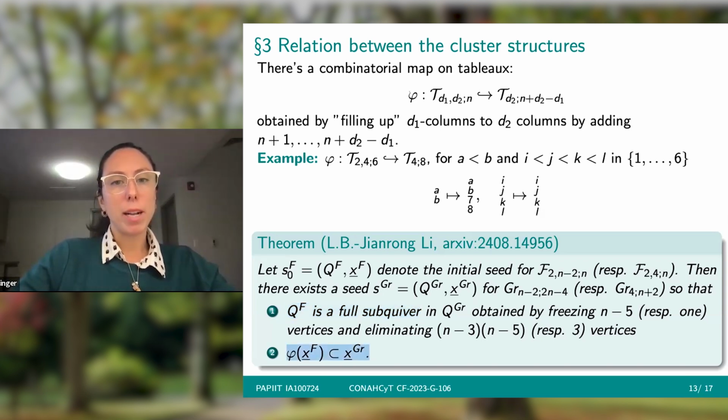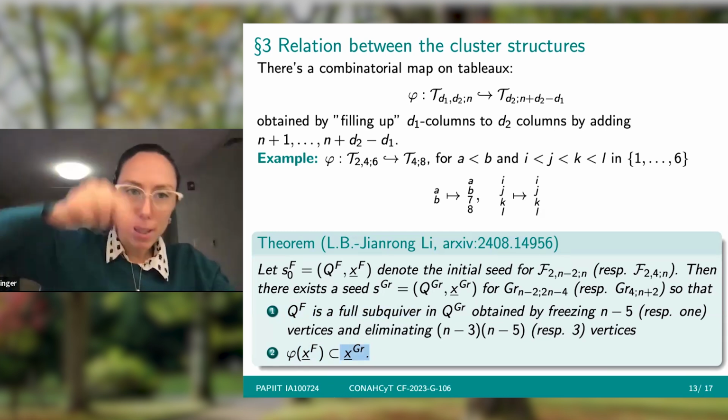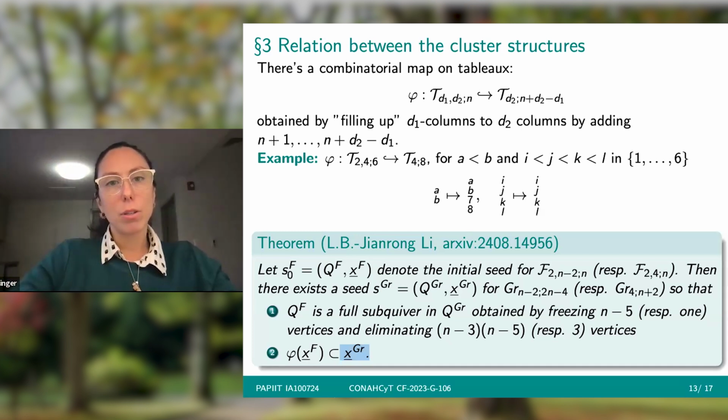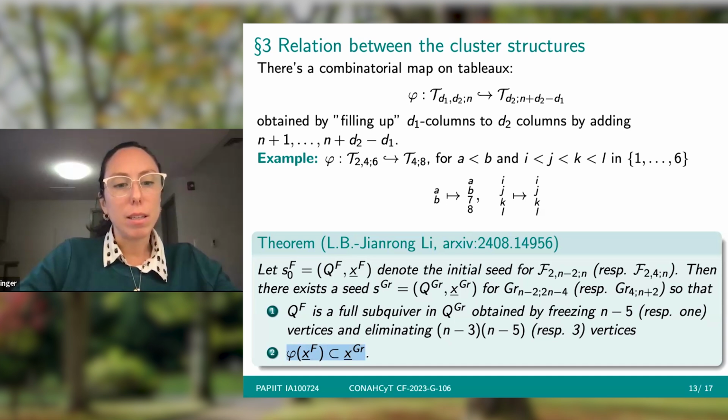And this combinatorial map phi is such that if I apply it to the tableau representing my cluster variables, they go to exactly the tableau of the cluster variables sitting at the same node in the Grassmannian. So this combinatorial embedding identifies the cluster variables in a correct way, so that the variables I have in this quiver Q_F exactly go to the variables that they correspond to, realizing Q_F as a subquiver in Q_Gr.